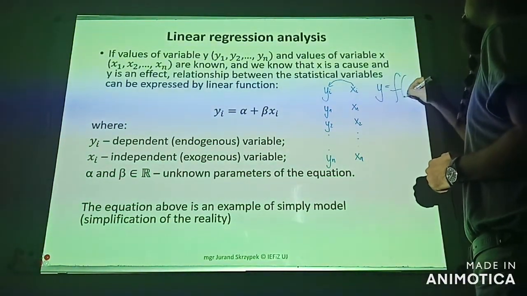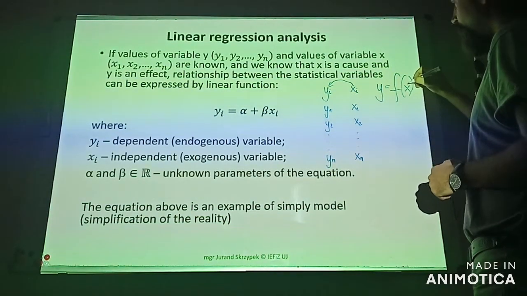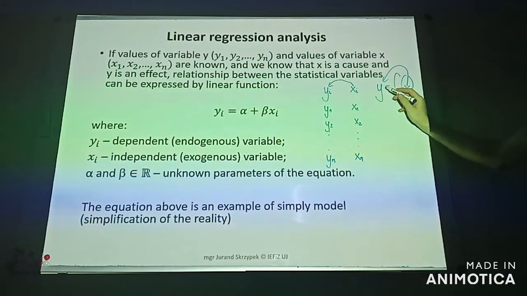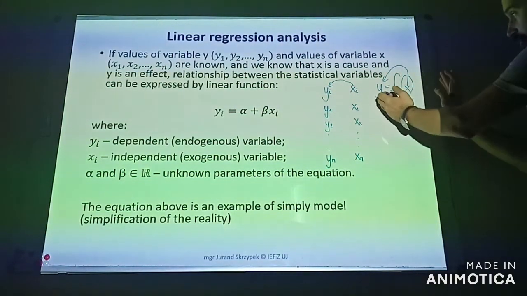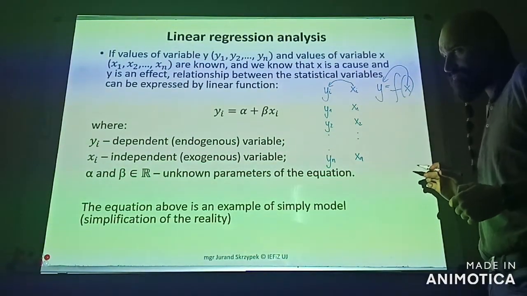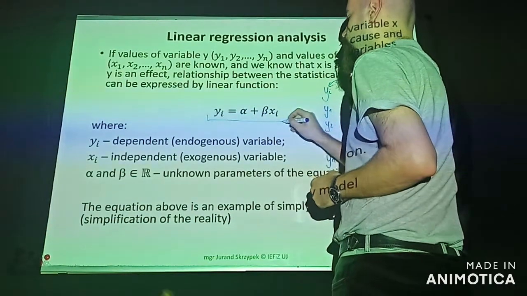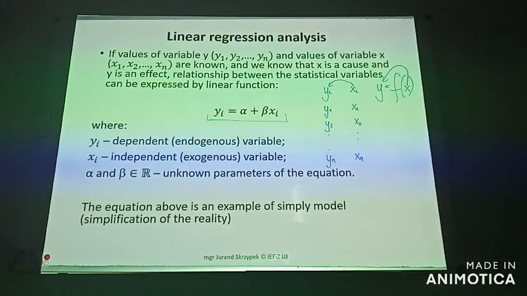Y is a function of x. If we know the values of x, we can determine the values of y. This function may have a linear form, like here. Here we have a linear equation.